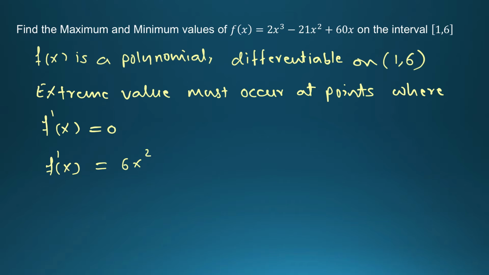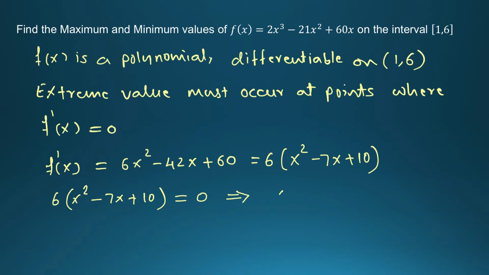The first derivative of the given function is equal to 6x^2 - 42x + 60, which can be written as 6 times (x^2 - 7x + 10).